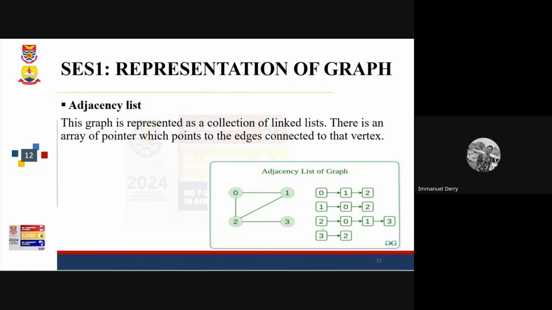And equally from vertex 3, we can go to vertex 2. But as I said earlier, this is going to be different if there are arrows showing the direction of the flow from one vertex to the other. So this is how we represent a graph in the form of a list, or adjacency list.